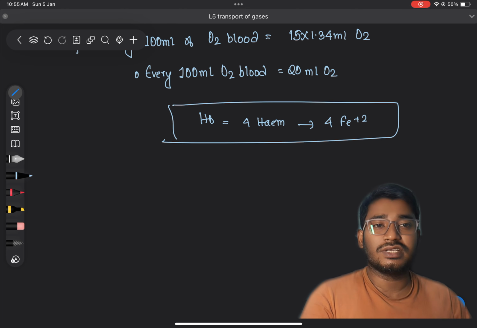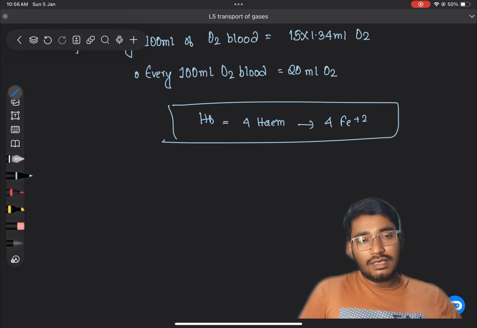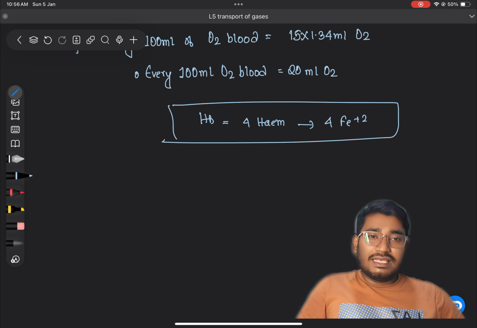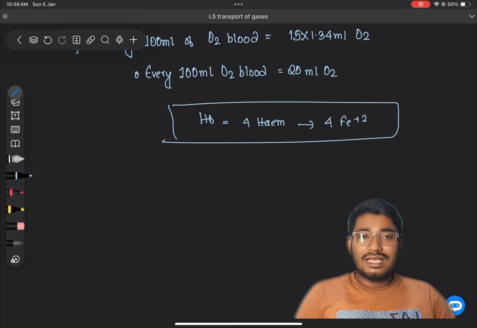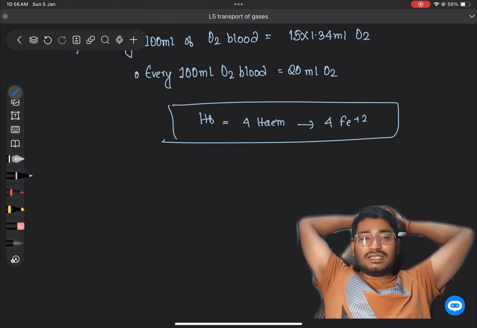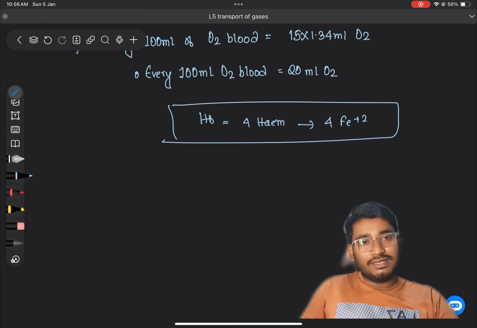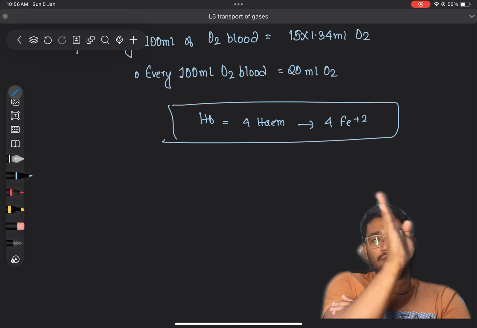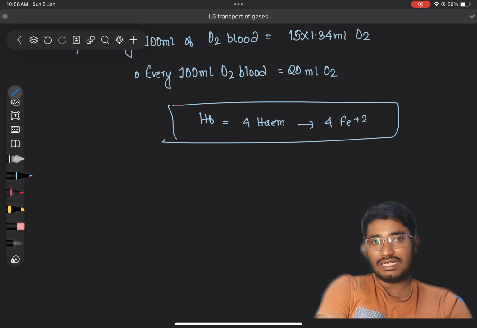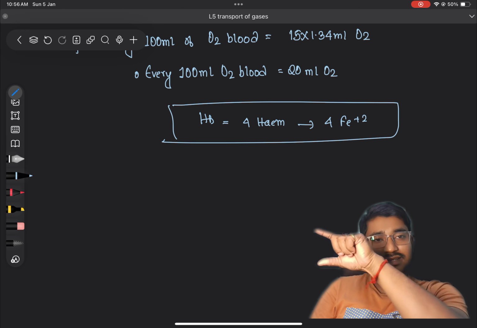Now comes the oxygen dissociation curve. This is a very important graph in your NEET as well as in your MBBS life, because when an ER patient comes to the emergency and you put on the leads, the monitor over the bed shows the ECG first. On the right side it shows the heart rate in beats per minute, and then the respiratory rate along with the respiratory graph.